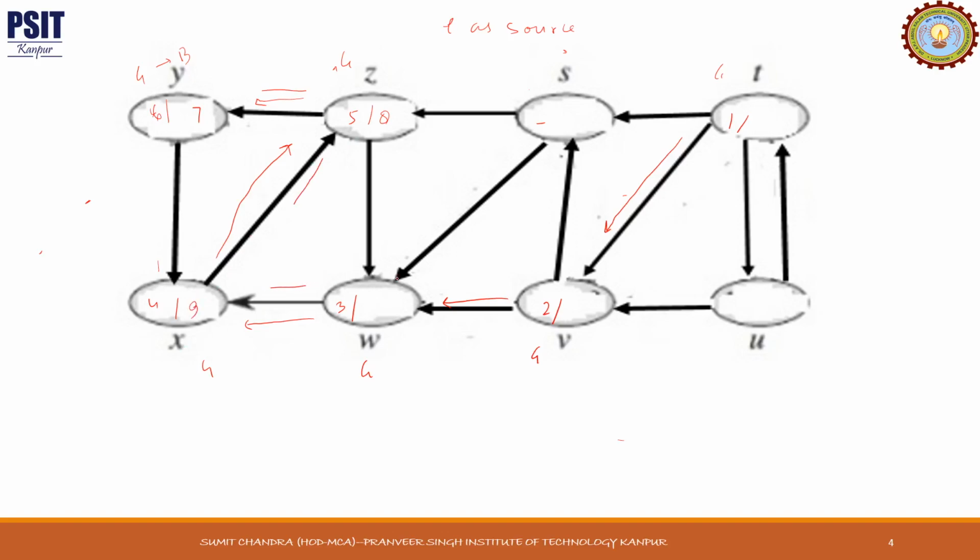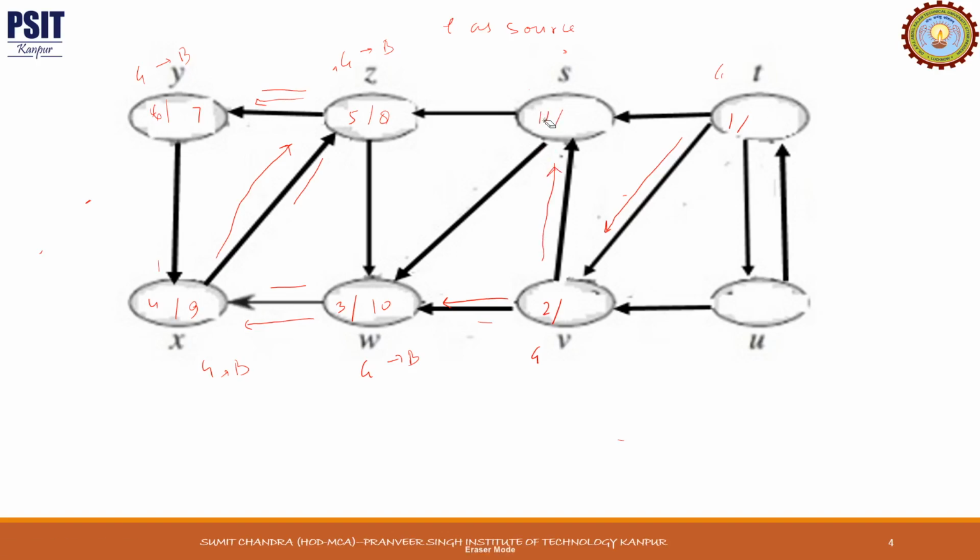Then we come to W, no neighbor left, finish time 10. Whenever we allocate a finish time, the vertex becomes black, so this is obvious. Then we backtrack, we come to V, the neighbor S is still left, so we go to S, start time 11.